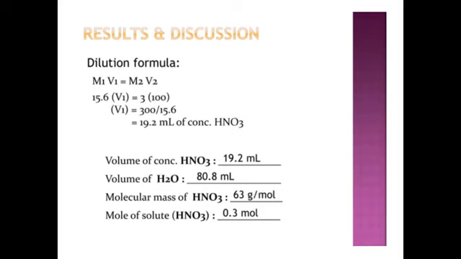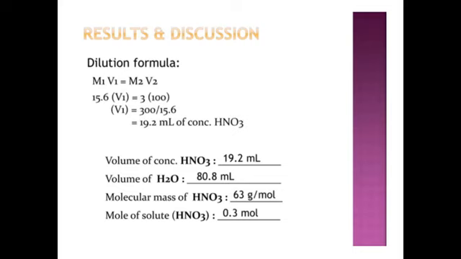Now, because it must be equivalent to 100, if we are using 90.2 mL of conc HNO3, if you subtract it from 100, you are going to have 80.8 mL. So the volume of water that is needed to make it up to 100 mL is 80.8 mL. So the volume of conc HNO3 is 90.2, and the volume of water is 80.8 mL.